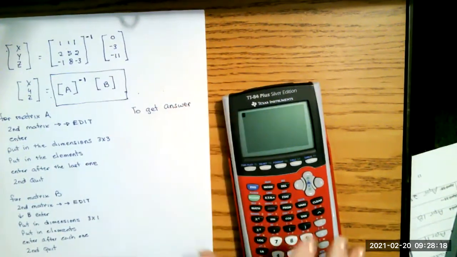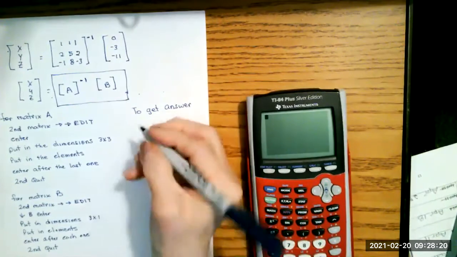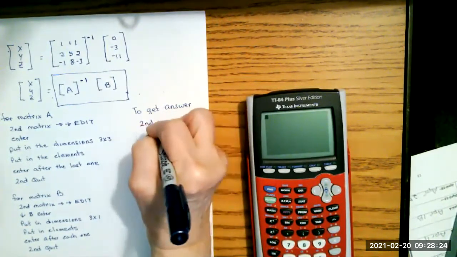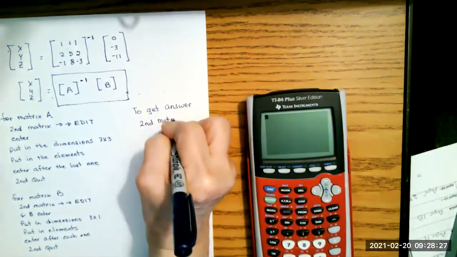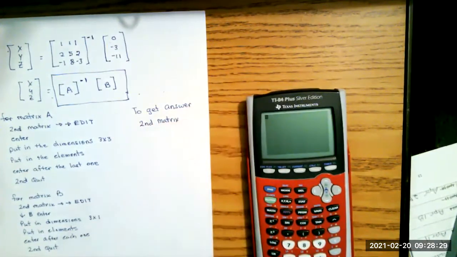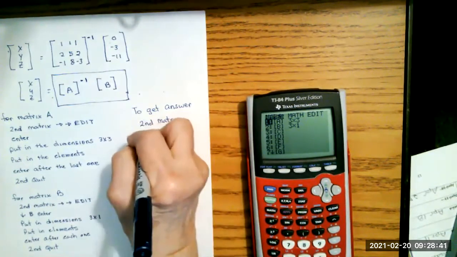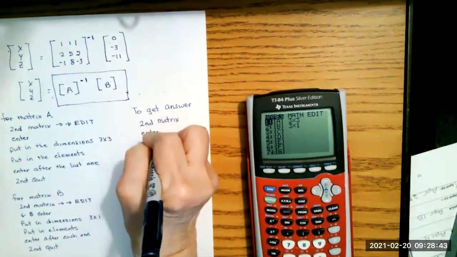This is after we've entered. We do second, matrix, and we're looking for a second matrix, and you can see that A is highlighted. I don't need to go over to edit because I've already put the information in. So I just put enter.